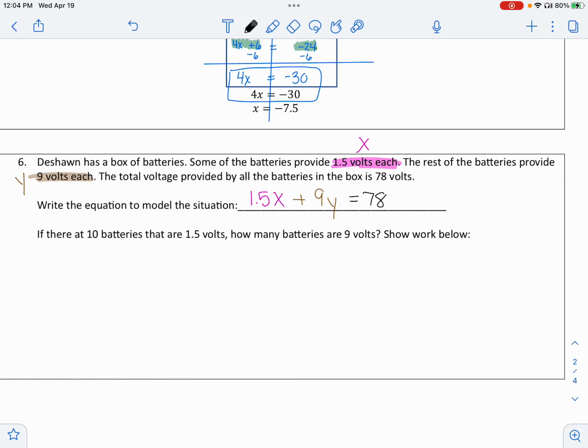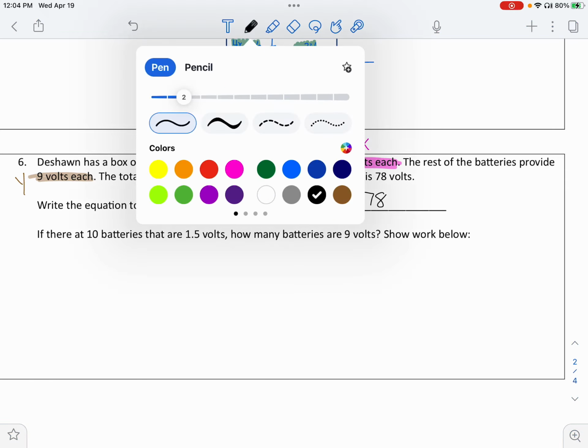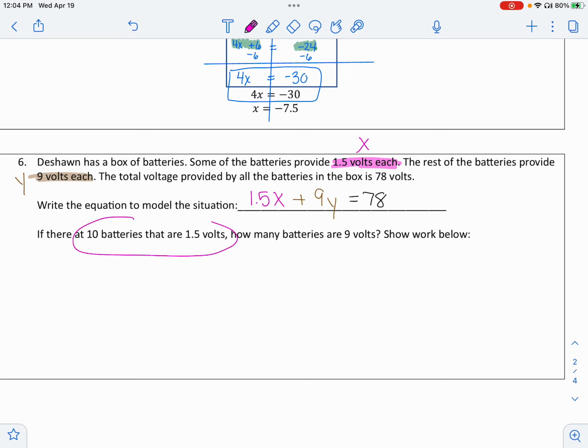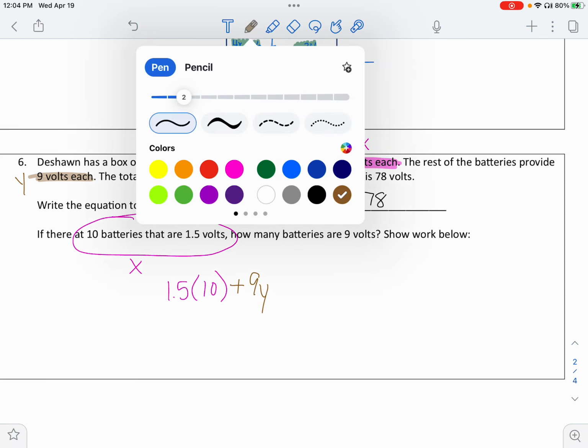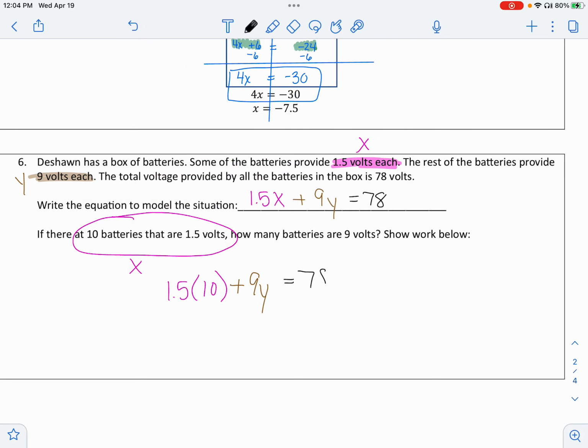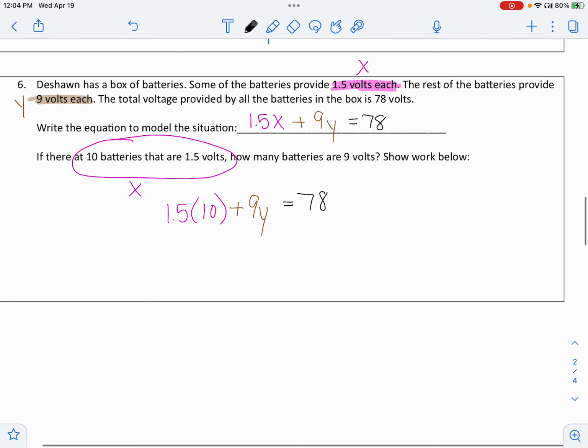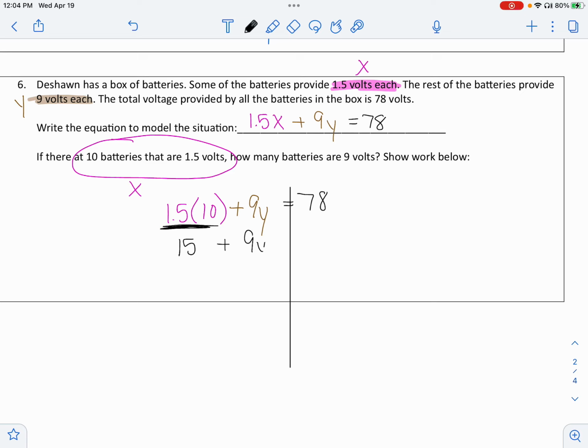There are going to be 10 batteries that are 1.5 volts. I see 1.5 volts, so I'm going to make that pink and plug in for X. So 1.5 times 10 plus 9y equals 78. At this point, I'm going to draw my fence and solve. 1.5 times 10 is 15 plus 9y equals 78.